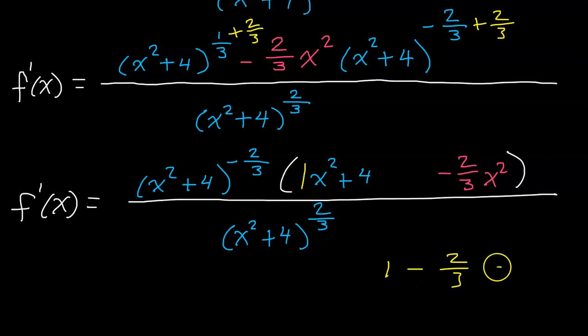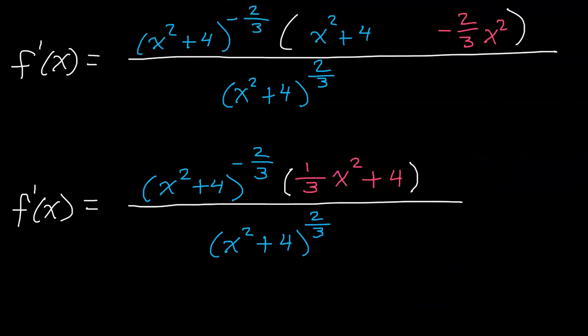Well, intuitively, hopefully, you know that this is going to be 1/3. 1 whole minus 2/3 is going to be 1/3. But you could look at this as 3/3 minus 2/3. Okay, so that's why we're going to get 1/3 x squared when we combine those.